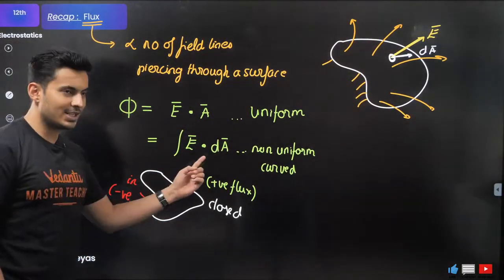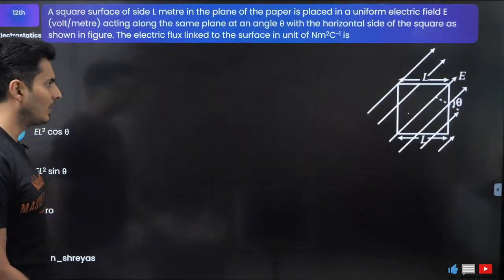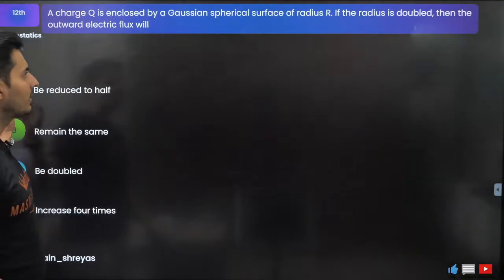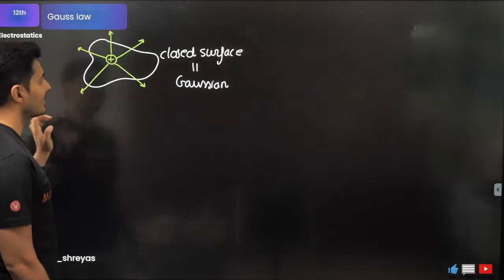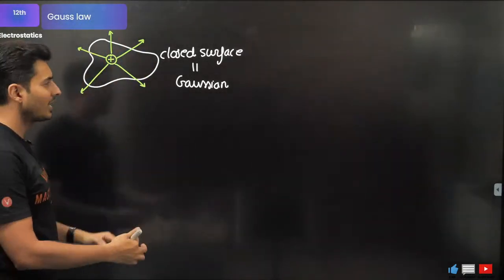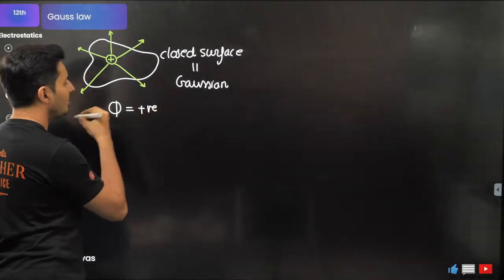So any flux which is outwards is positive, any flux which is inward is considered to be negative. So if you think about this question over here, if I ask you, is the flux through this surface positive or negative? Well, your answer will be, it is just going to be positive.